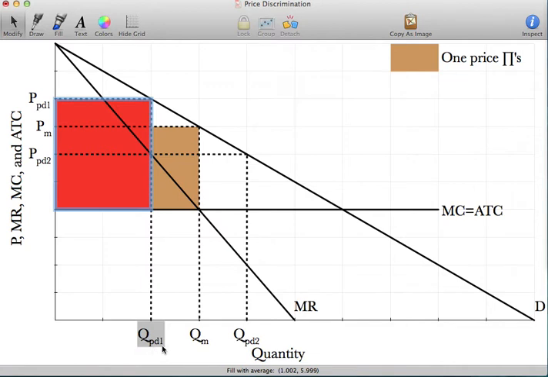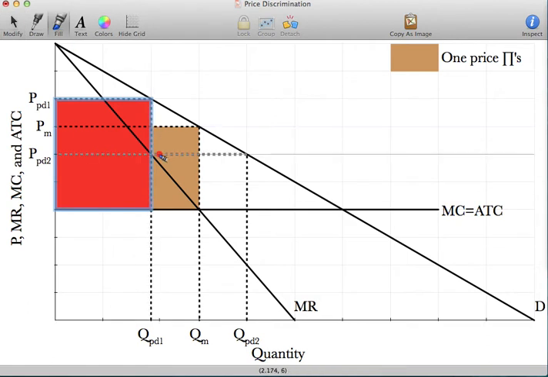And then we have another group that the monopolist is setting a lower price for. So they're going to increase their sales from QPD1 to QPD2 because they've lowered the price from PD1 to price PD2. So this is additional sales that the monopolist is inducing by lowering the price from the price discriminating price to the group that is less responsive to changes in the price.